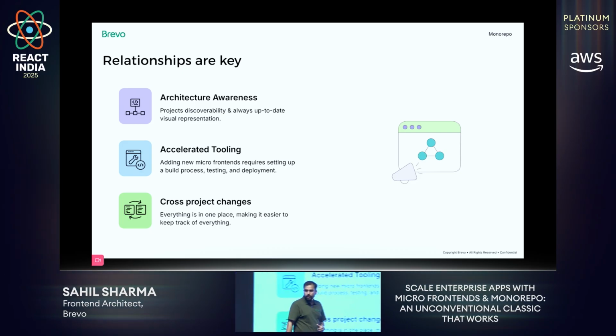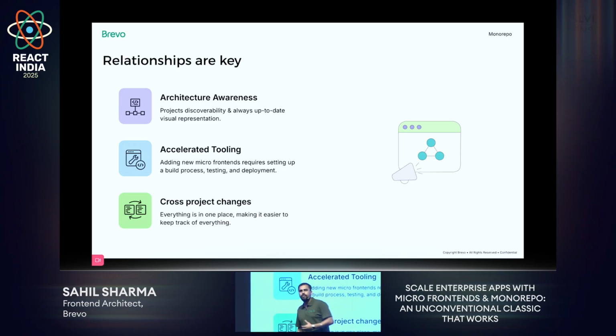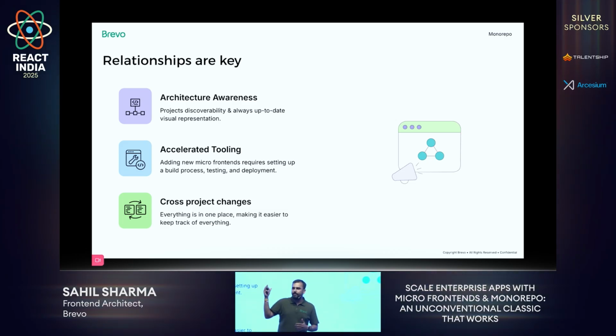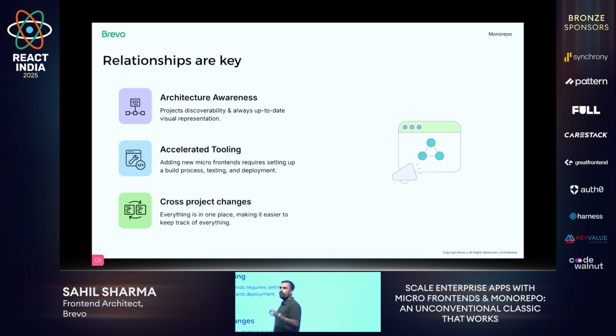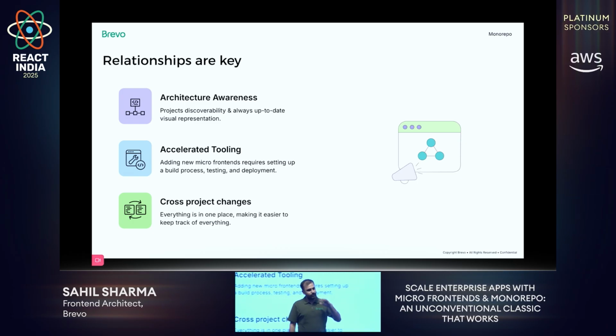Third is cross-project changes. Being in one place makes it easier for everyone to work with changes which are reused across different applications, which you can control, and you can make use of some features of the monorepo to integrate it well with the set of applications defined there.